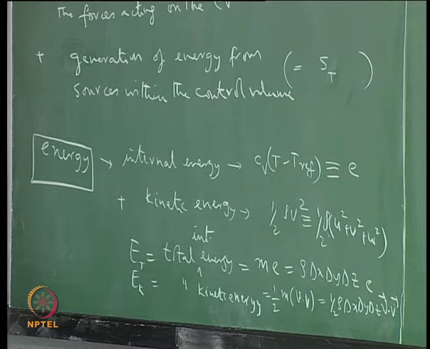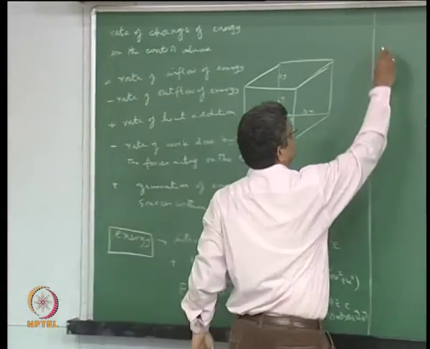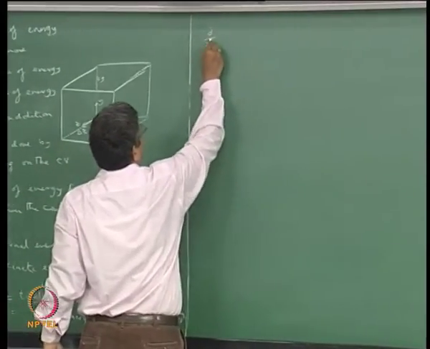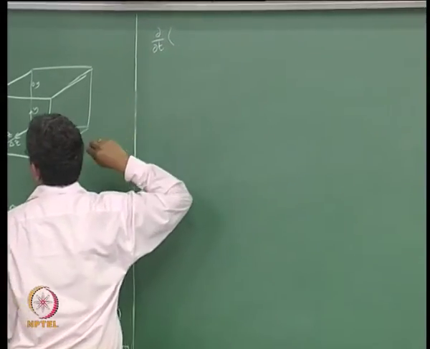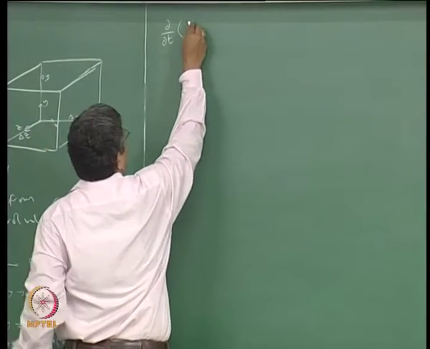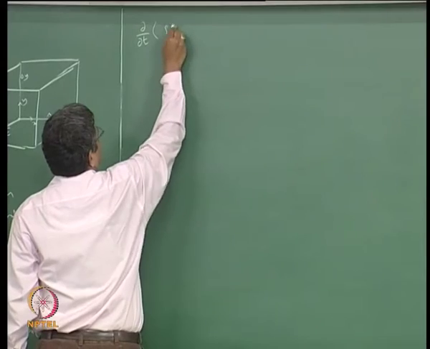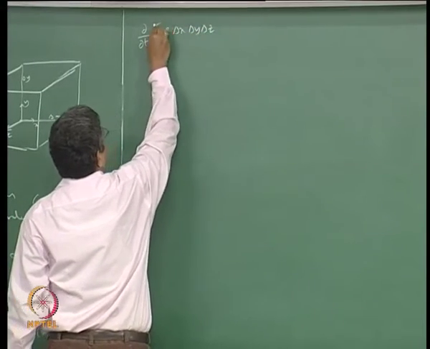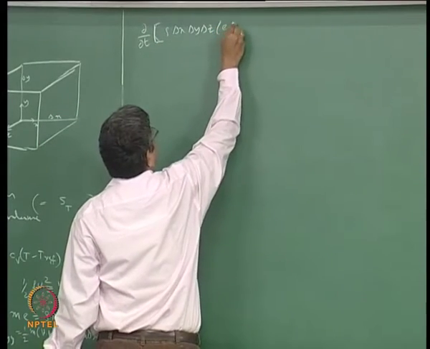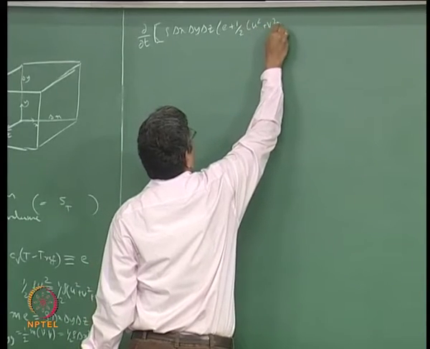So we can write therefore that the time rate of change of energy within the control volume can be written as partial with respect to time, indicating the time rate of change of energy, of rho delta x, delta y, delta z times e plus half u square plus v square plus w square.